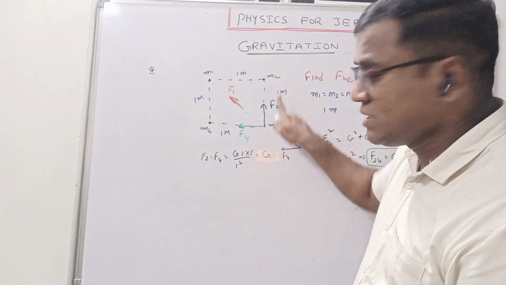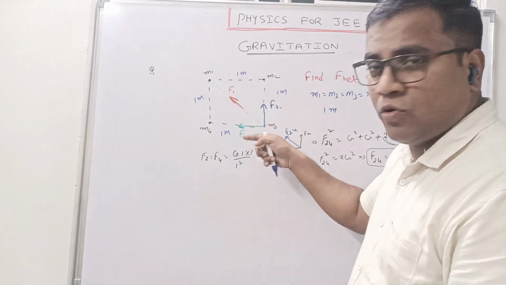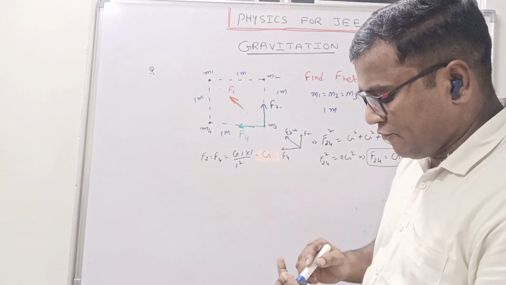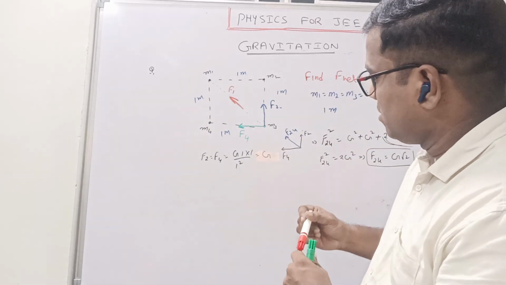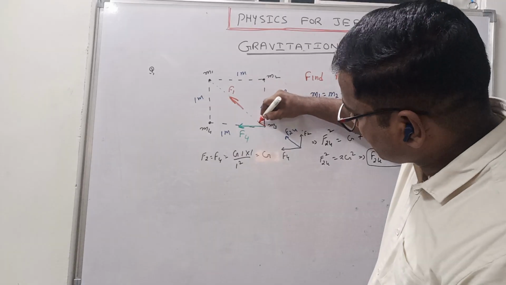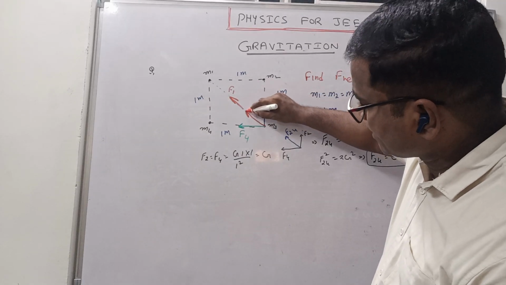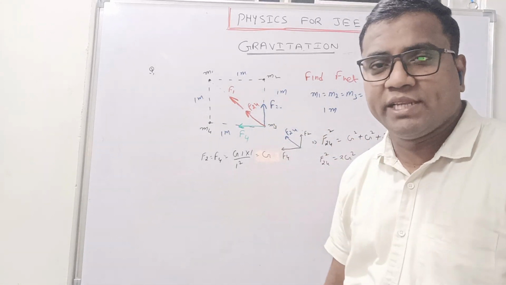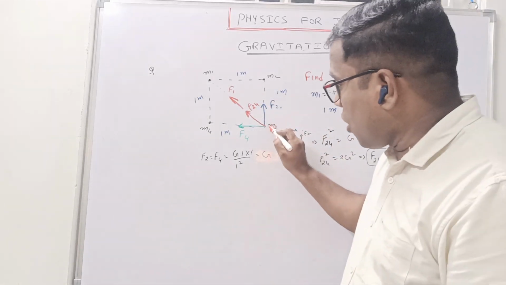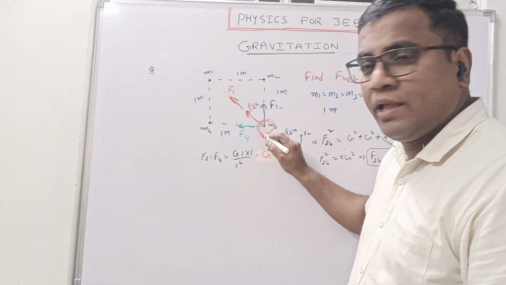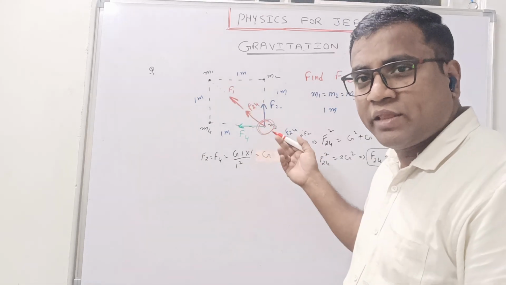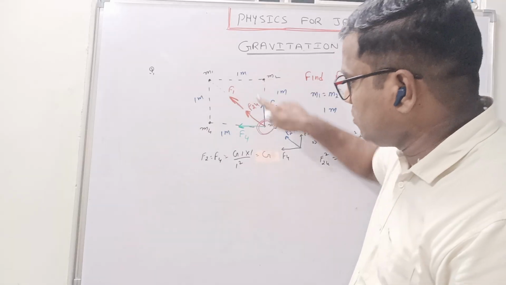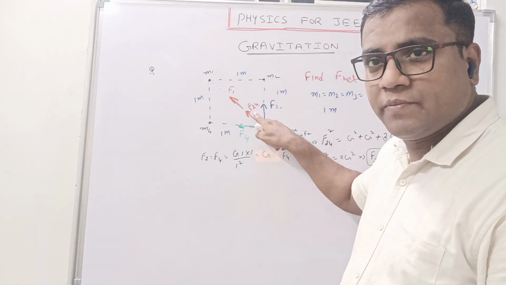Due to this F2 and due to this F4, the resultant force is acting in this direction. This force is F24. So on M3, the net force is F1 plus F24.